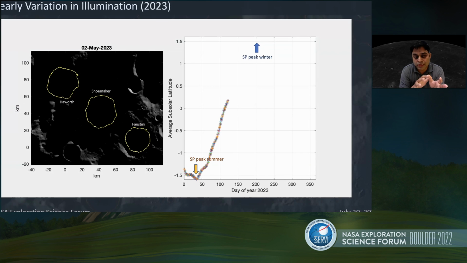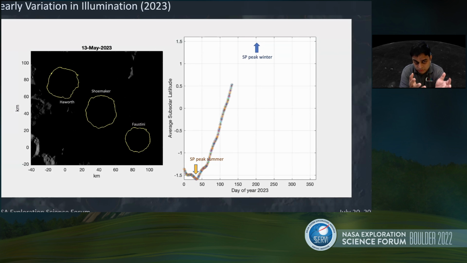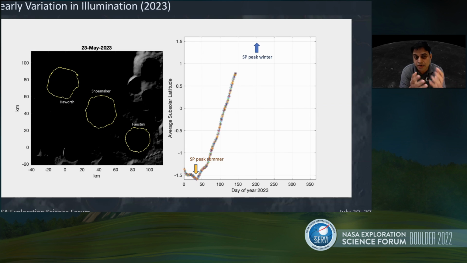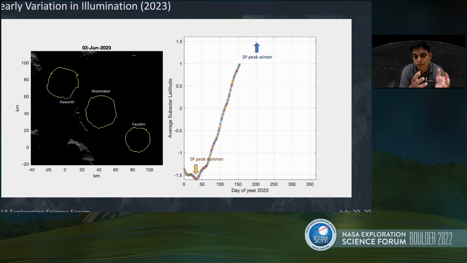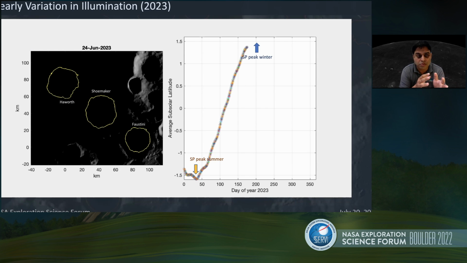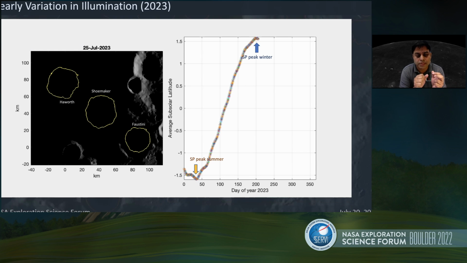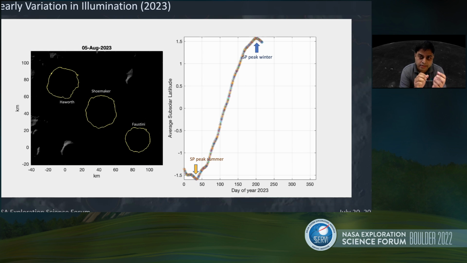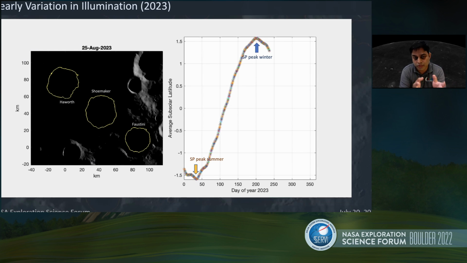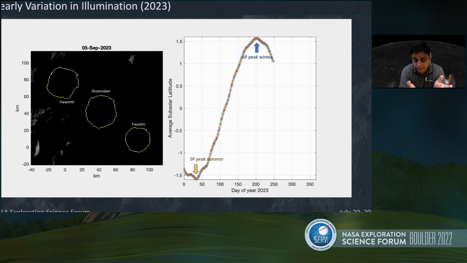But after that, you see progressively that the image on the left-hand side becomes darker and darker as it goes towards peak winter. And then as the winter passes, which I think happens around the end of July, slowly you'll see more and more illumination.